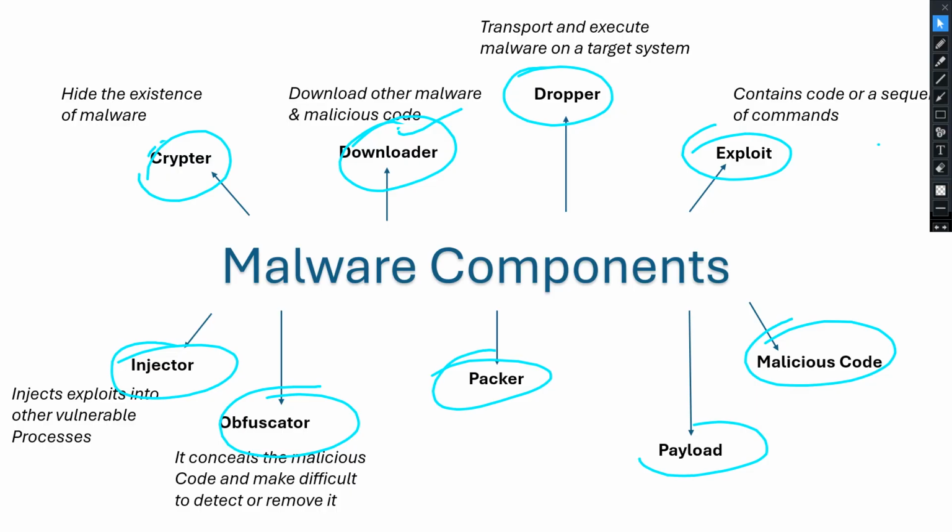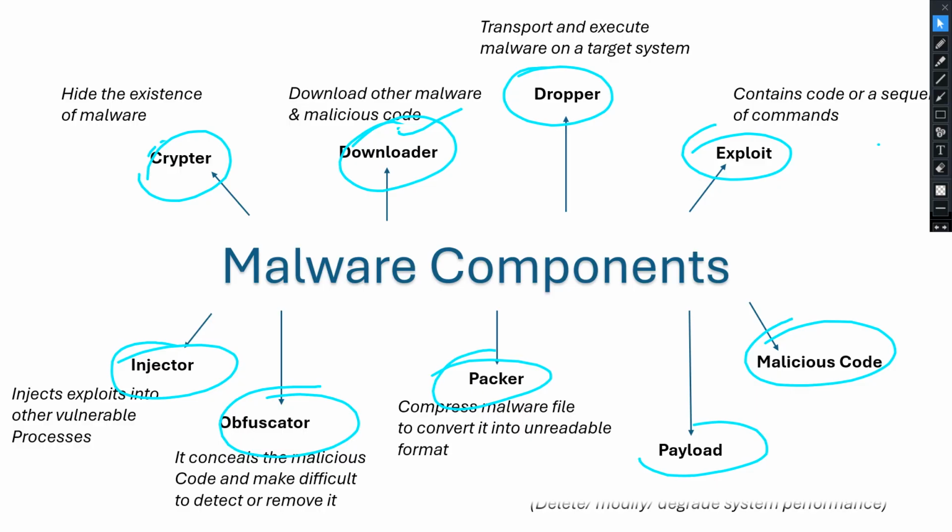Packers compress the malware file to convert the code and data of the malware into an unreadable format. Once it is in an unreadable format, that's a packer, compressing the malware file. Okay, then we have payload. The main thing is payload, because it is the part of malware that performs the desired activity when activated.